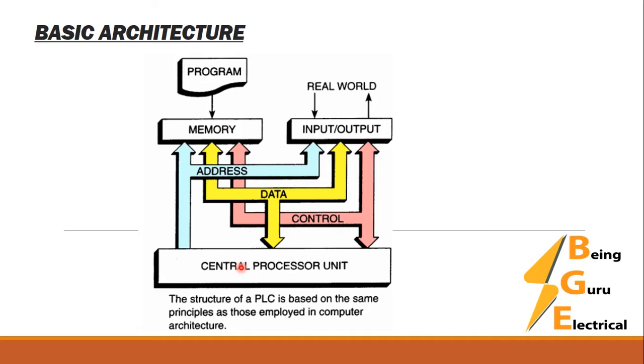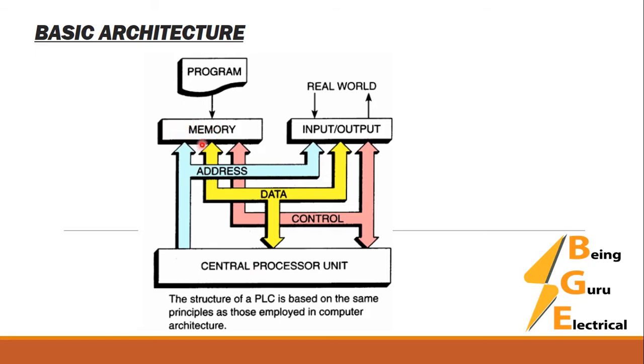There are three types of buses: the address bus, the data bus, and the control bus. The address bus is used to select a specific memory location in the memory. If the CPU needs some data from the memory, the address bus selects that memory location or register, and through the data bus the CPU takes the data from the selected address.